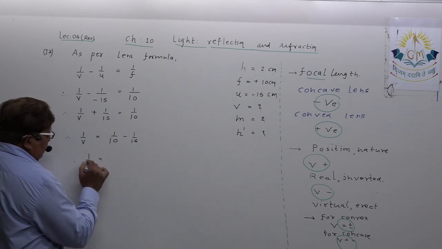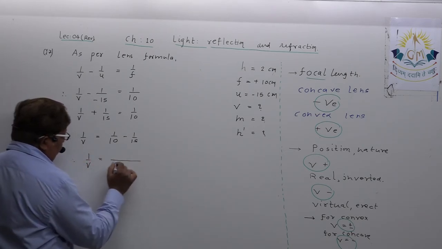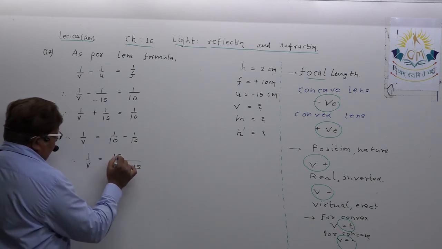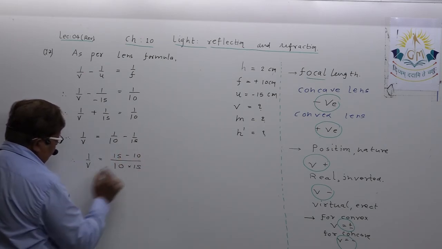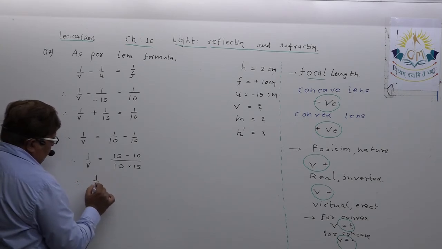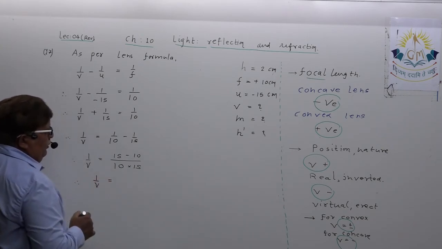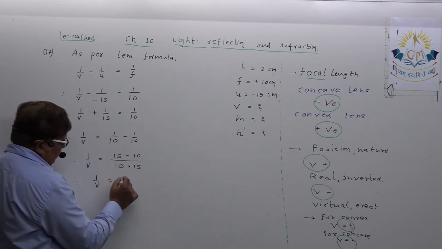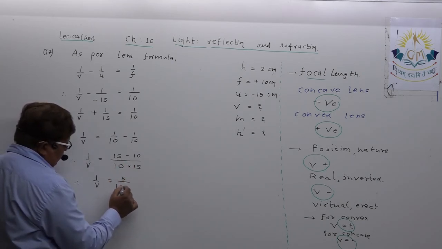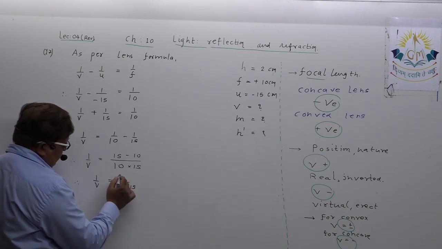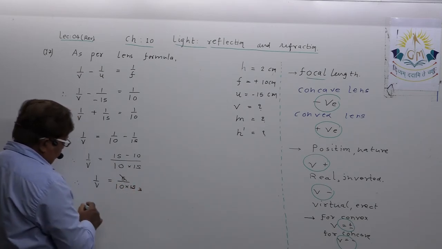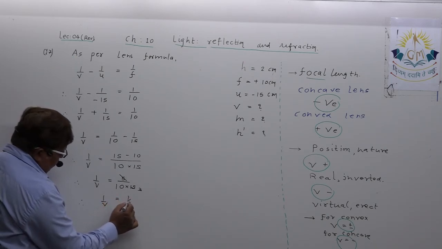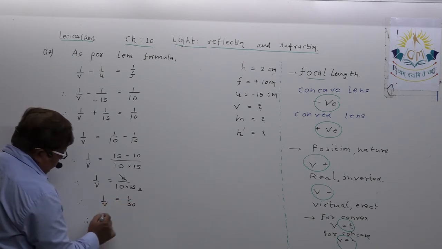So here it's a simple question of taking the LCM. 1 upon V equals 15 minus 10, that is 5 upon 10 into 15, with cancellation, 1 upon V equals 1 upon 30.